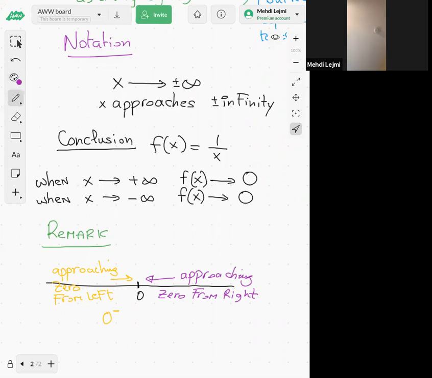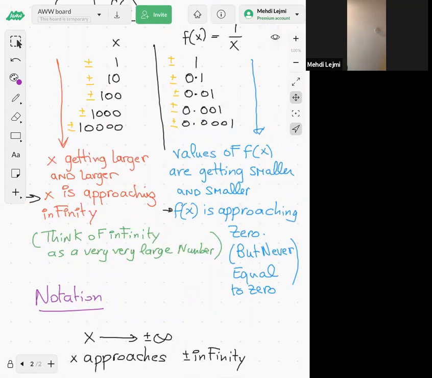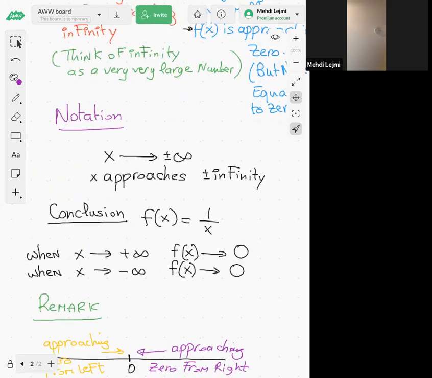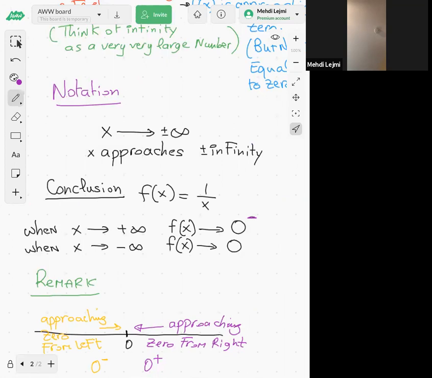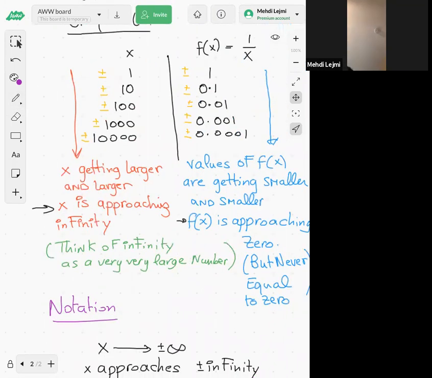And when you approach from the right, we're going to put 0 plus. So what I'm saying here, guys, is that when x approaches positive infinity, f of x is getting close to 0, but the values are positive, so you are approaching 0 from the right. So this is 0 plus. And when x approaches negative infinity, we have negative 1,000, negative 10,000, and so on.